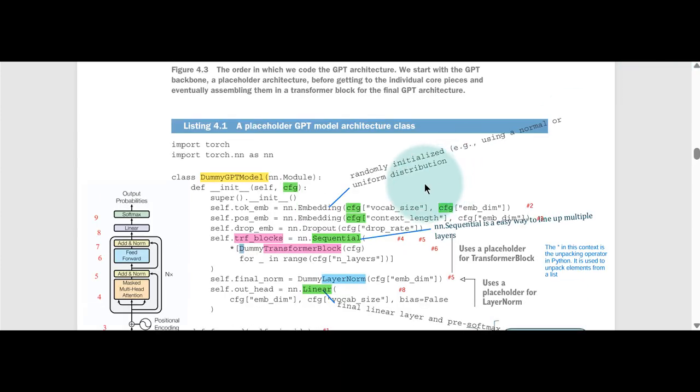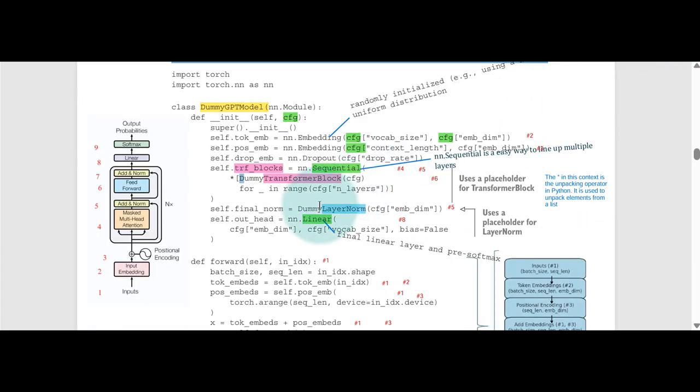Okay, now we forgot to read this. The nn.Embedding is randomly initialized using either a normal or uniform distribution. That's how it starts out. Whether we're using a normal or uniform distribution, I'm sure it has certain implications, but basically we're just setting up some random values at the beginning. We're also going to have an instance of the layer normalization class, and that's going to be here, final norm.